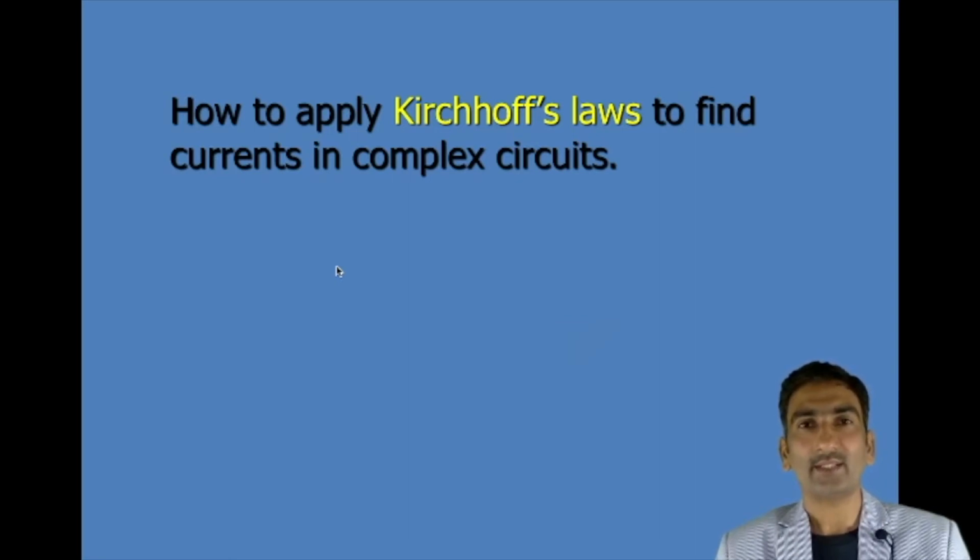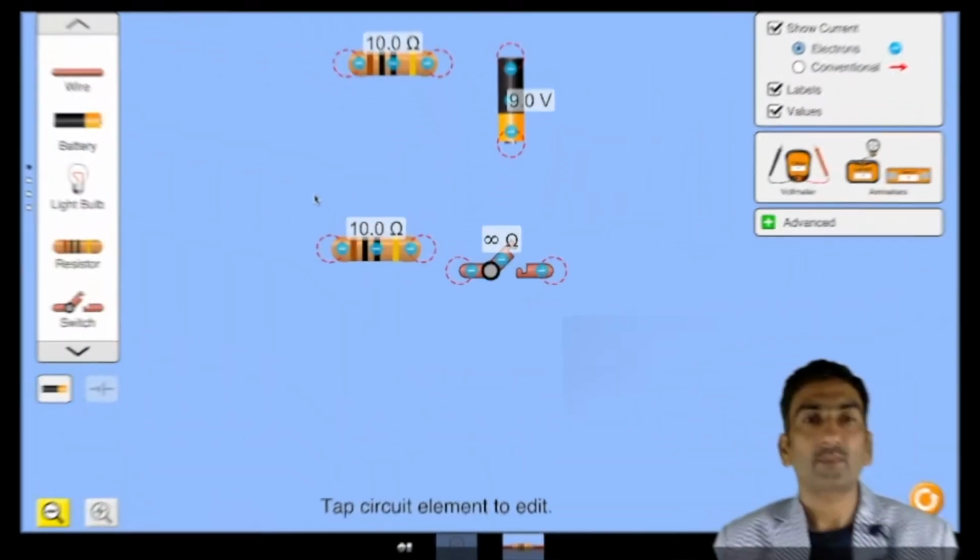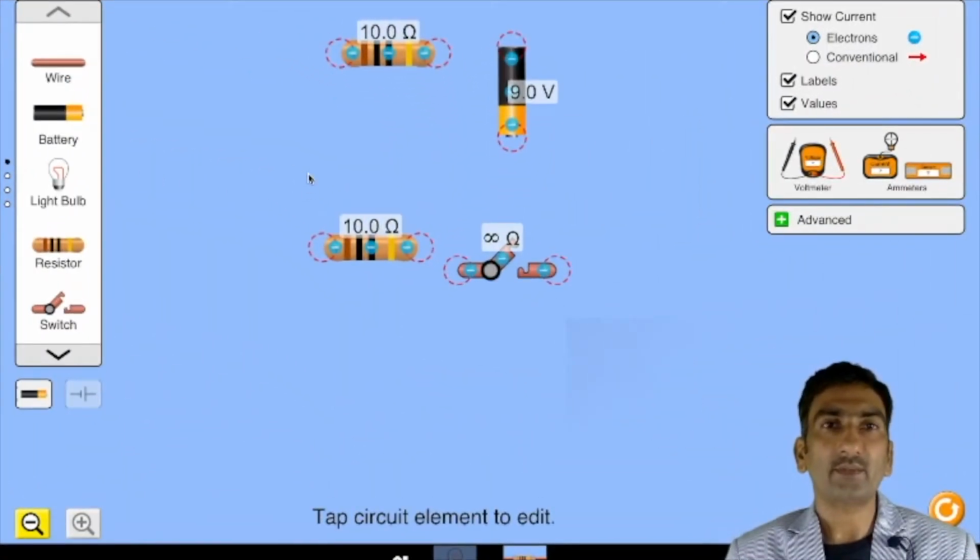For that, let's go to the lab. Okay friends, let's see the difference between a simple and a complex circuit. There are two resistors of 10 ohm each, and I connect these two resistors with a battery through connecting wire. This resistor is connected with that one.